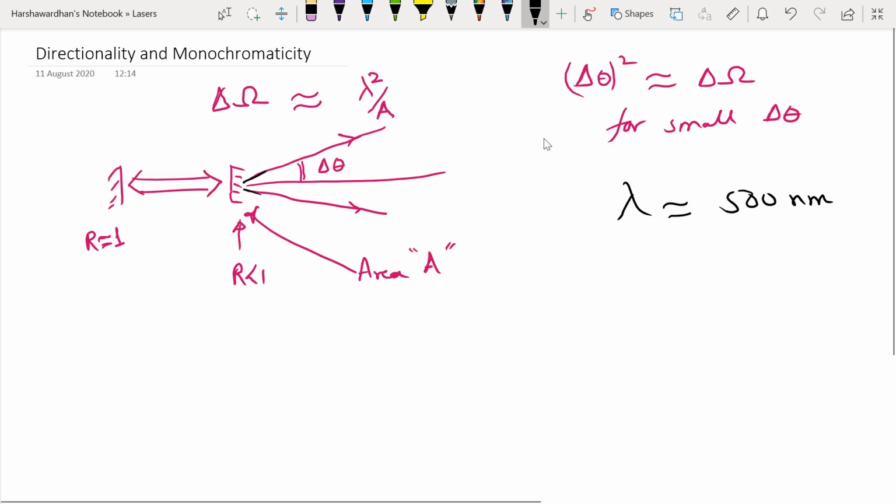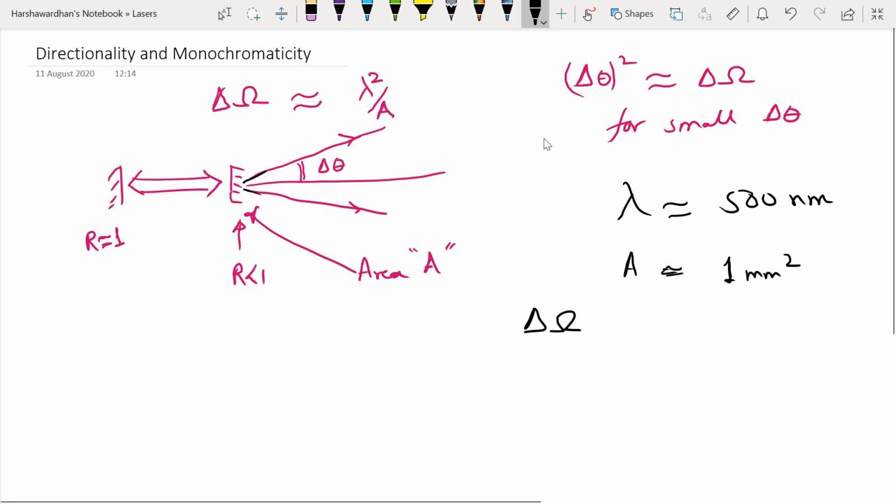So that is the range, and let's look at somewhere on an average of 500 nanometers. And then let us say that my area is roughly about 1 millimeter square. That's a kind of thin pencil-like beam that you're getting.